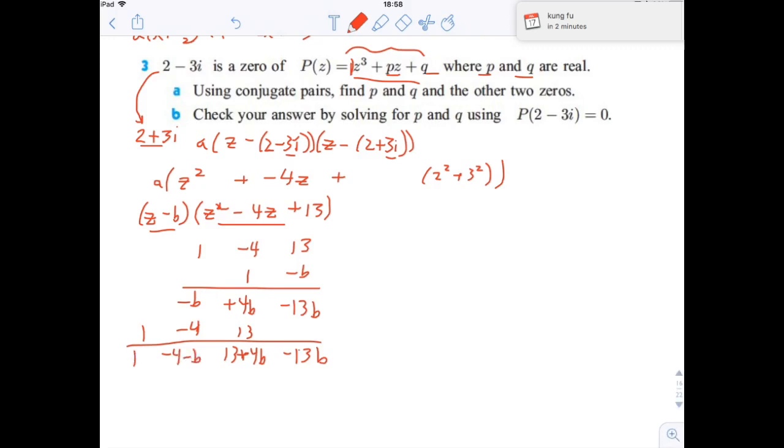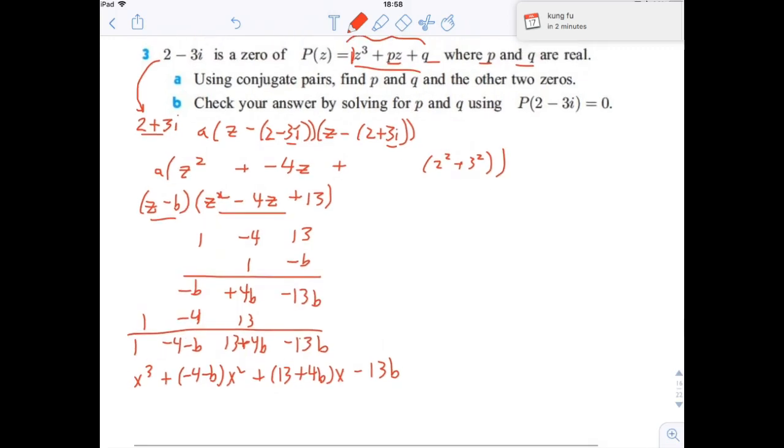And so if I wanted to write this as a polynomial, I would write x cubed plus negative 4 minus b x squared plus 13 plus 4b x minus 13b. And if I compare this expression with this expression, I can see that q is equal to negative 13b.